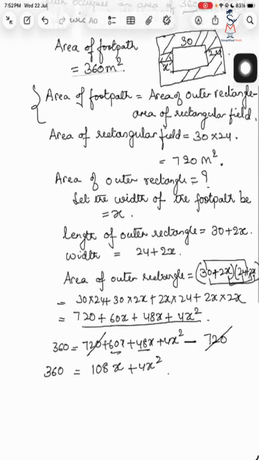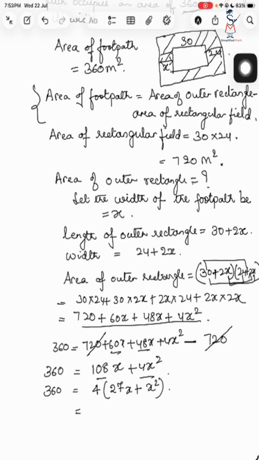Now what can we do here? We can take 4 common, right? So 360 is equal to 4 times, what will I be left with? 4 twos are 8, 7 fours are 28, so 27x, and this is x square.